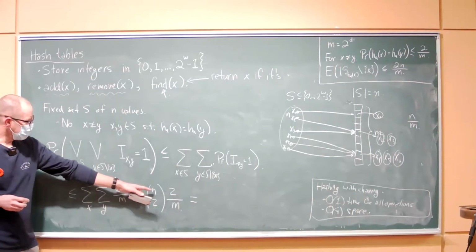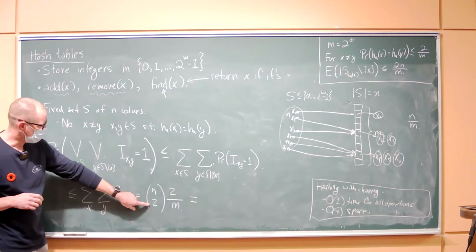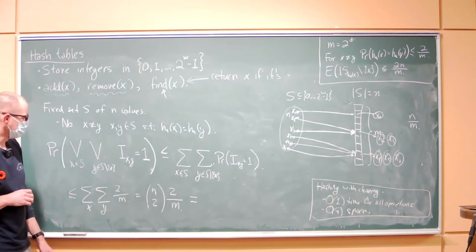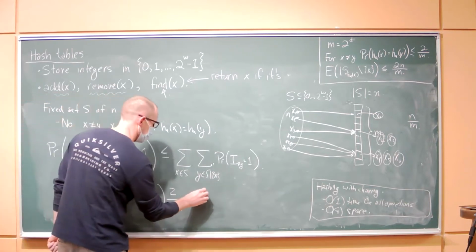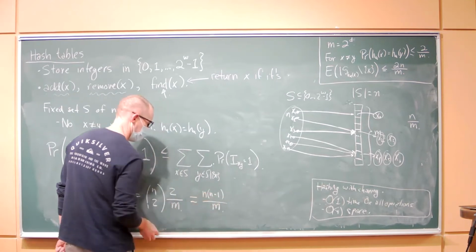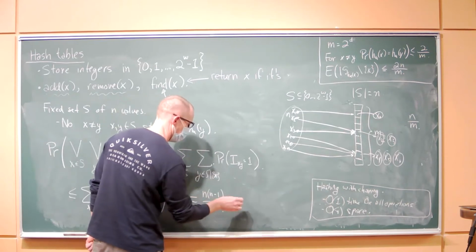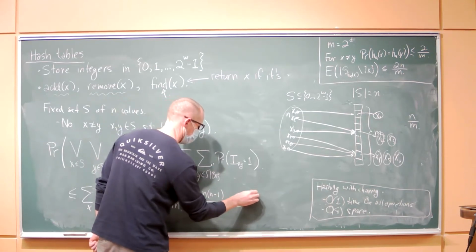N choose 2 is n times n minus 1 divided by 2. There's a divided by 2 and a multiplied by 2, so those will go away. So this is n times n minus 1 over m. To make things simple, let's say this is at most n squared.